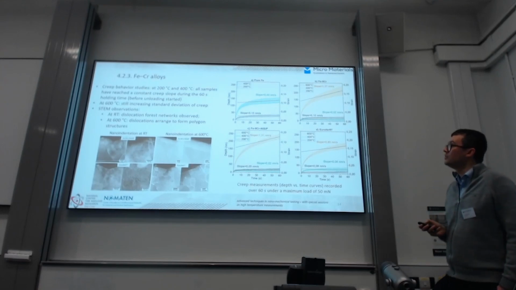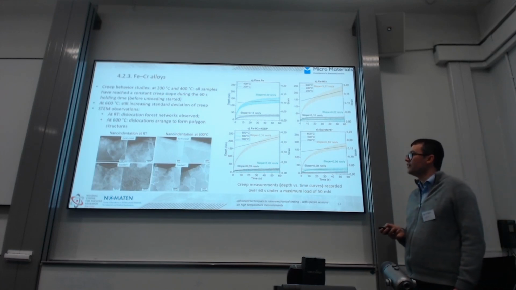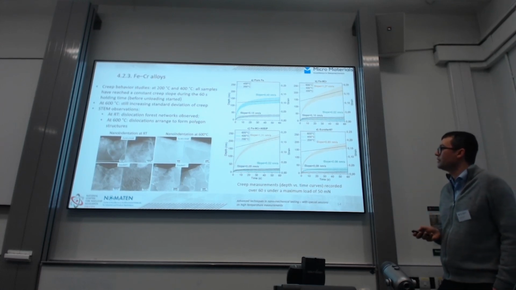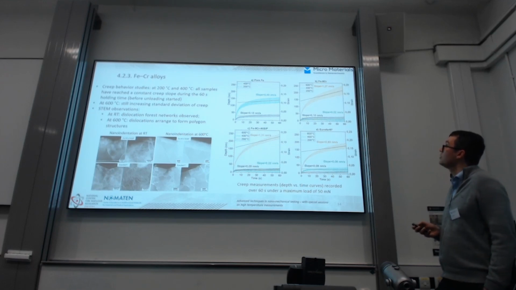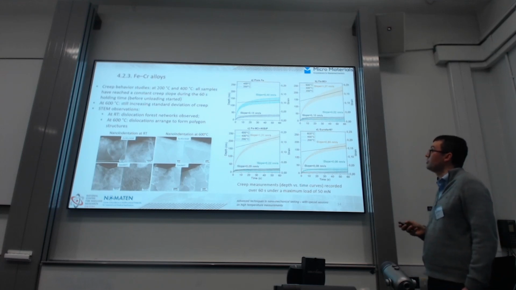And we also perform STEM observation to evaluate the microstructure below the indent, and with longer dwell time, we perform some study of creep behavior of these alloys, which differ depending on the composition.